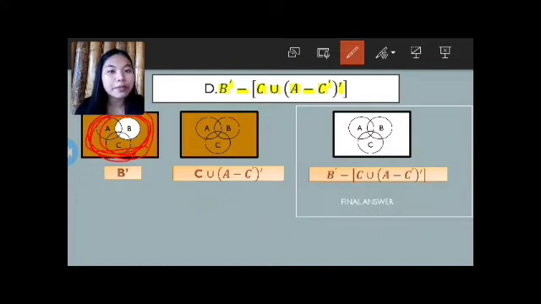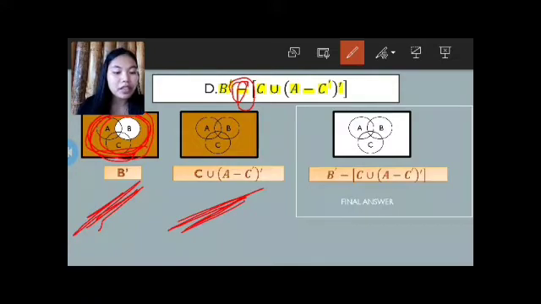Subtraction is the operation stated here. So we have to look to the shaded part of the B prime. We will look at the shaded part of B prime that does not have in the C union to the complement of A minus C prime.